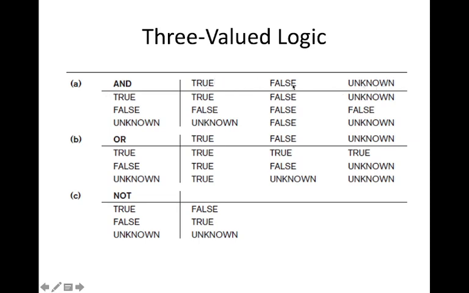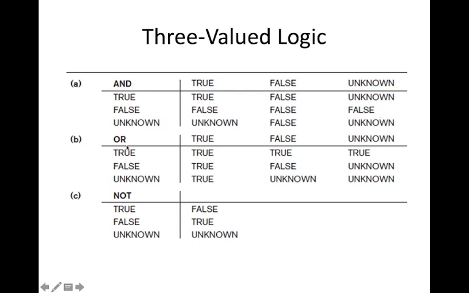For the AND condition, true and true is true, and true and false is false. If it is true and unknown, the result is unknown. If it is false and unknown, then the result will be false, not unknown. In all the other cases, the result is unknown.